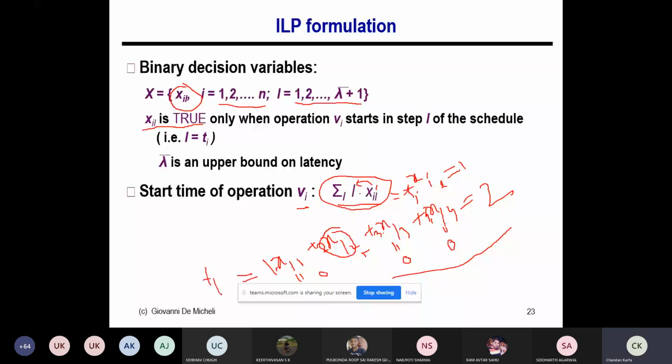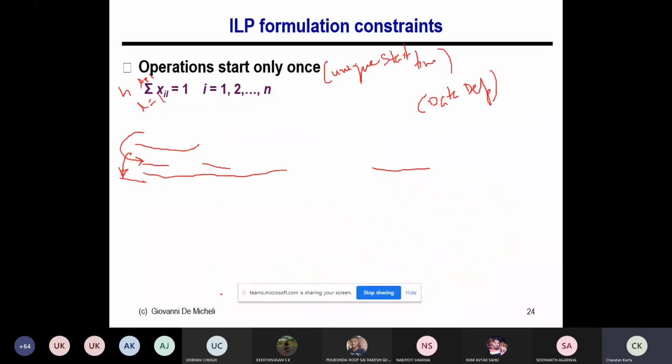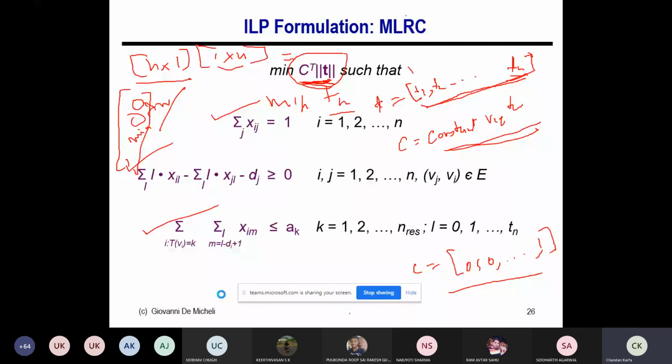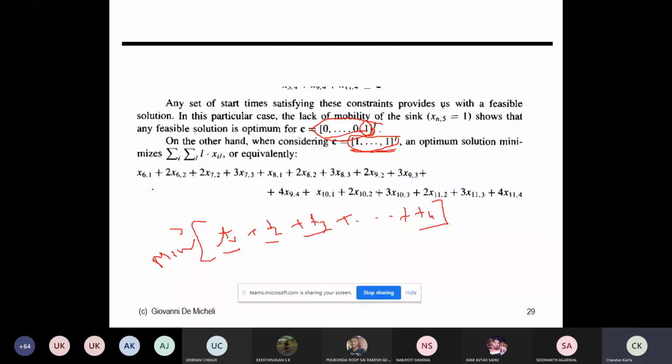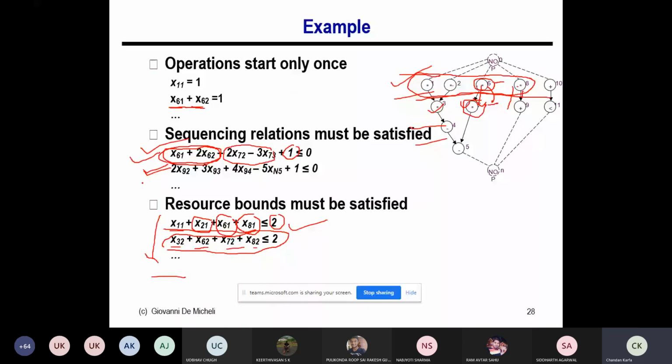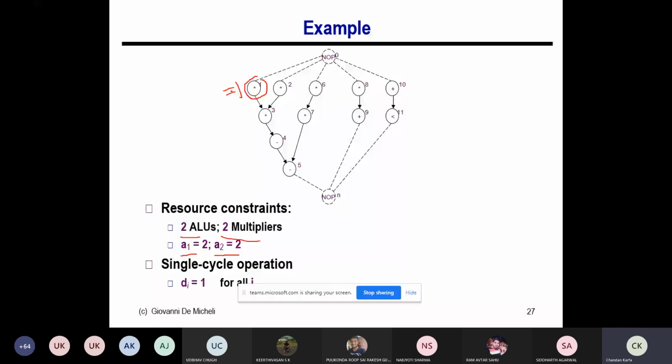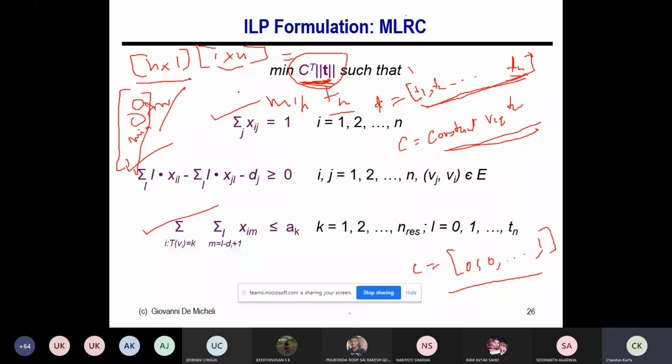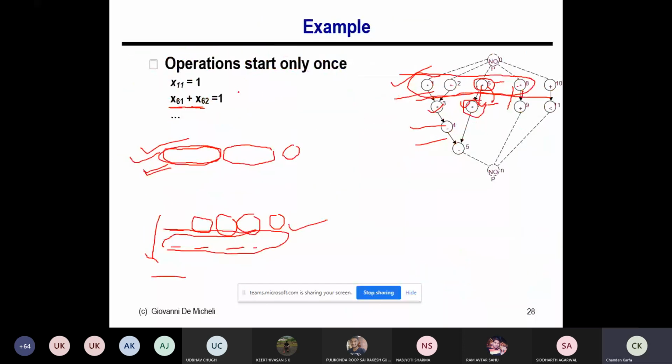Similarly I have T2. So if I just tell this, what will the solver try to do? If you consider this graph, for T1 the mobility was only one value, right? I told you x11 is true, but because this operation can only be scheduled in timestamp 1, x12 is 0, x13 is 0, and x14 is also 0.